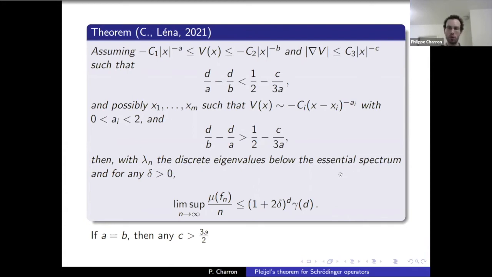You need a custom-made partition so that you control the overlap, the number of times each point is covered, and you can fine-tune the size as you go to infinity. So that's the difference in the method. I won't go into details on how it's done, but it really works in this setting.